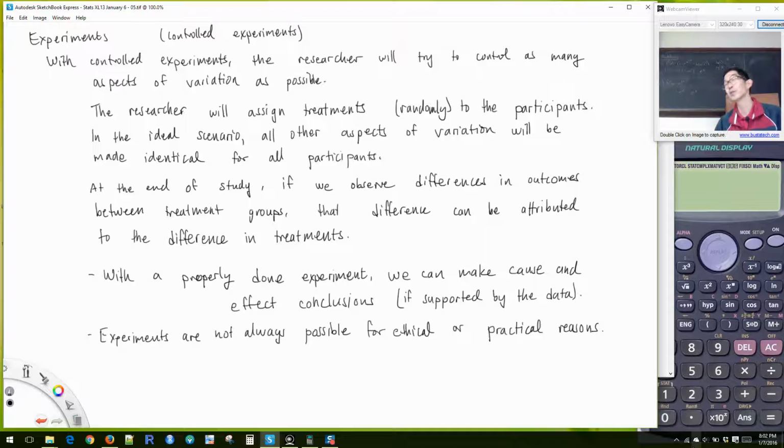And because no experiments could be done, the tobacco industry often argued against these cause and effect conclusions. They'd say, sure, we're not disputing that those who smoke develop lung cancer at a much higher rate than those who don't smoke.